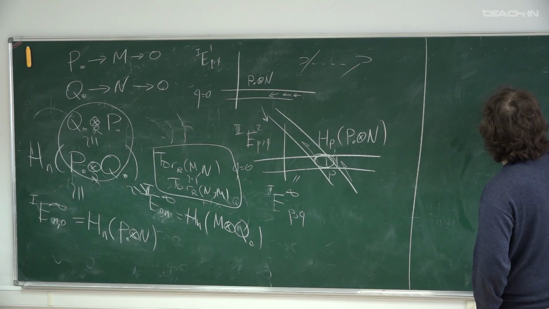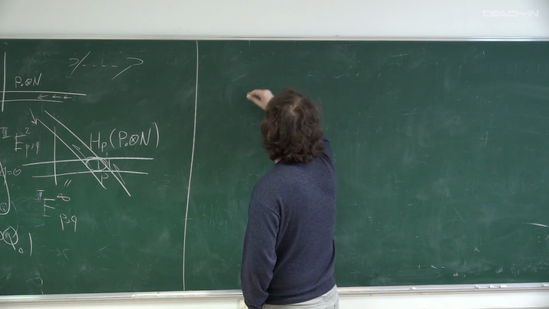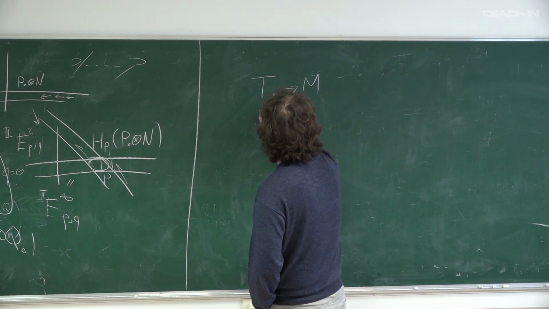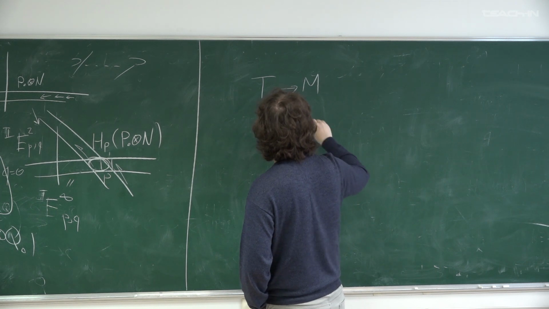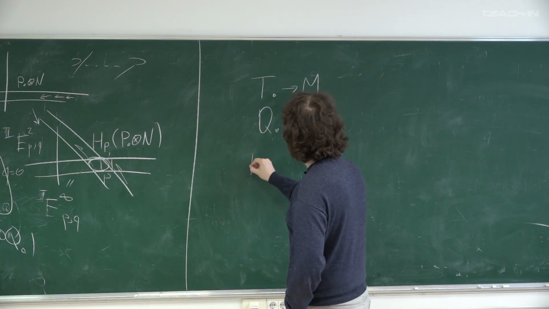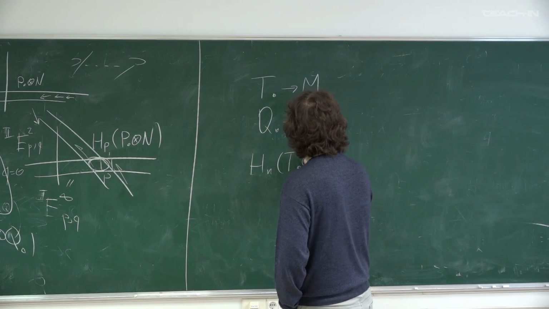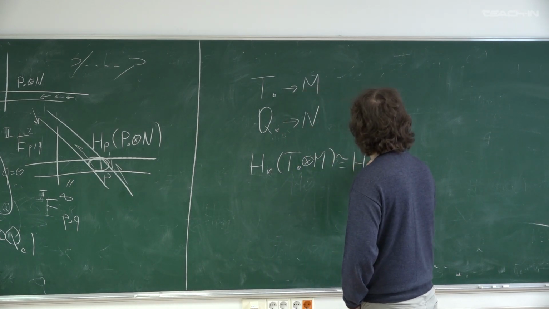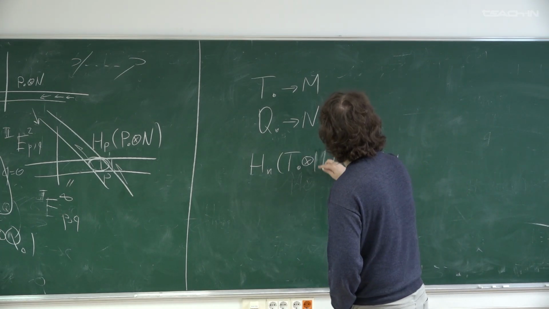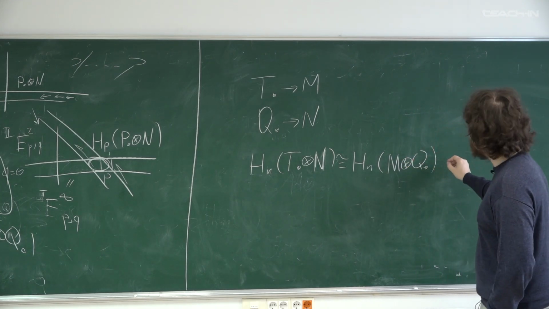If we consider some flat resolution of M and some projective resolution of N, then this construction tells you that you have an isomorphism of these two things. And this is by definition Tor.